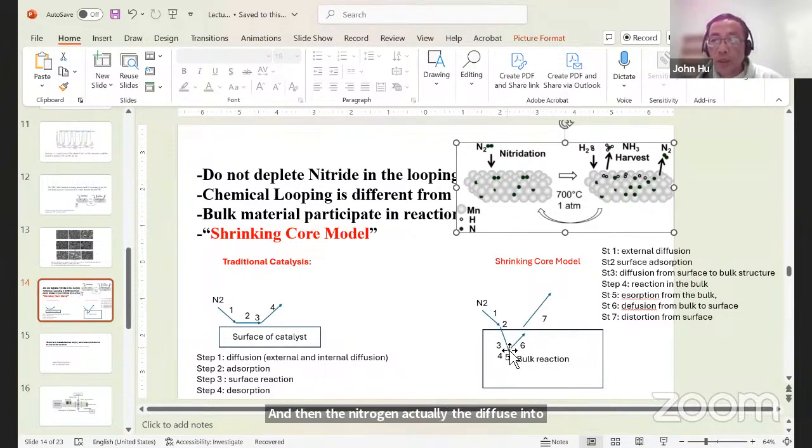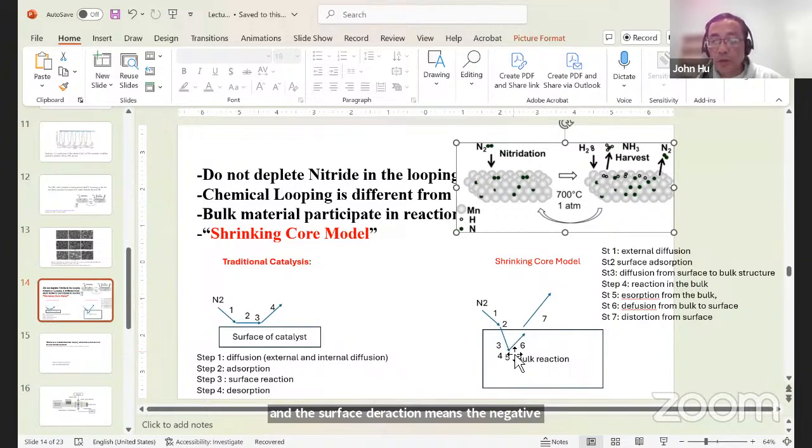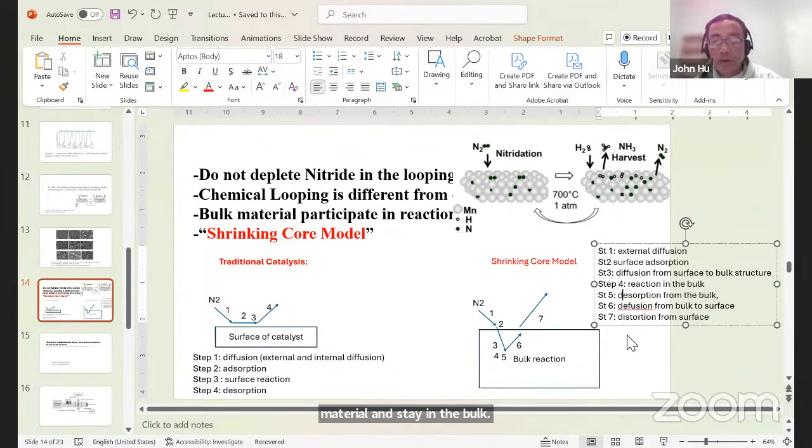Step three, the surface reaction, means they react with the material and stay in the bulk. Okay, and then the number five, which is the desorption. And desorption means they react with hydrogen and then dissolve from the bulk to the surface. Then basically the number five is the so-called active site.